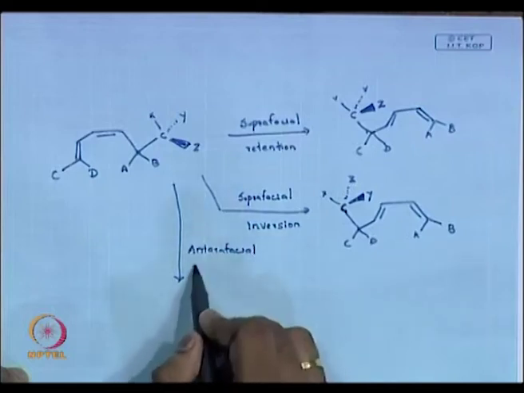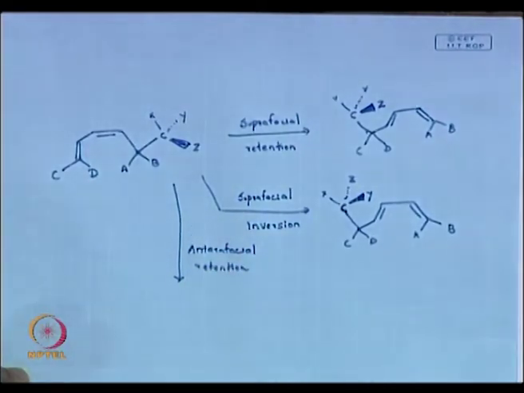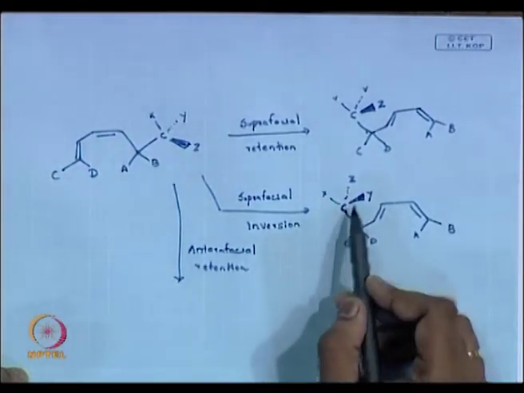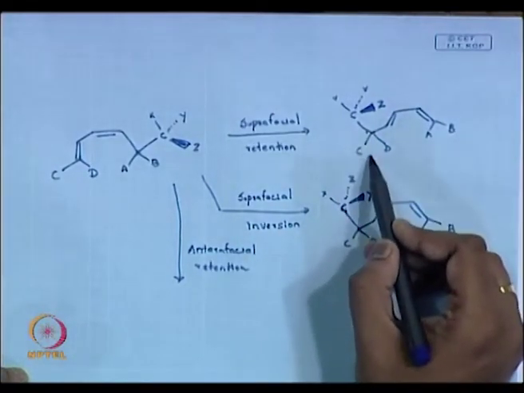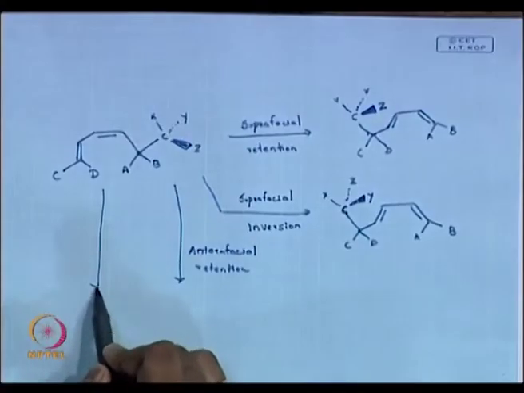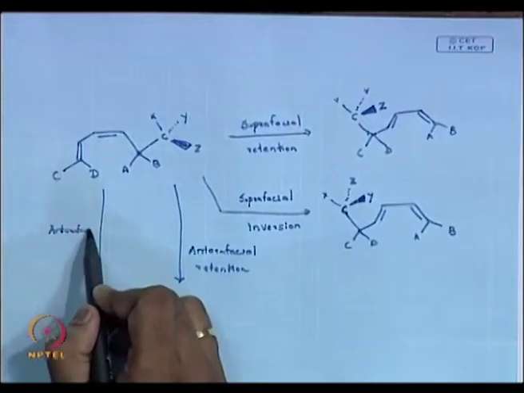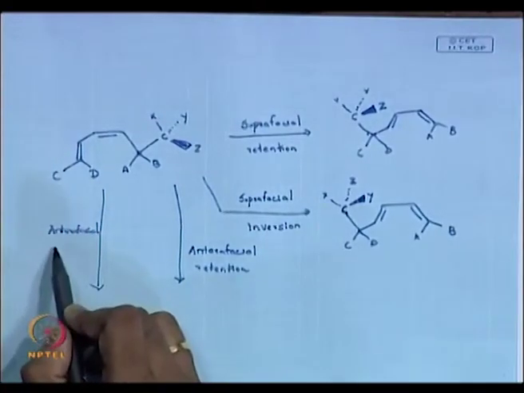You can write intrafacial retention. Intrafacial retention will be just in the down, with the carbon. So C and D will be up and your methyl will be in the down. And then you can write your intrafacial inversion.